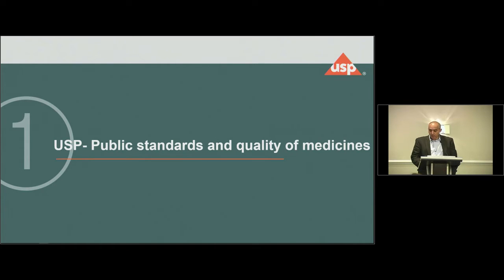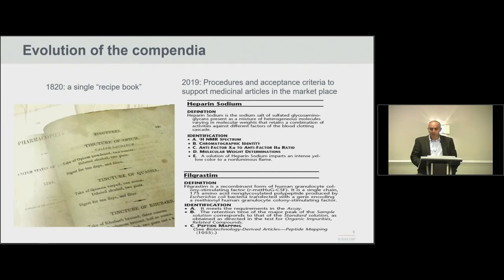So in terms of how we evolved, this is a quick snapshot from the first book that USP published in 1820, and fast forward 200 years later, we evolved from a book that provided recipes for how you make pharmaceutical preparations, to a book that provides validated procedures to measure key quality attributes for pharmaceutical and biopharmaceutical products.